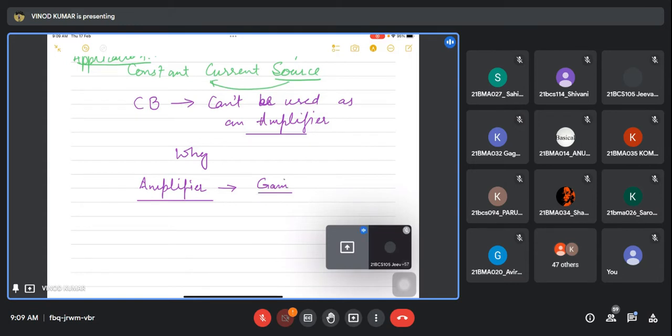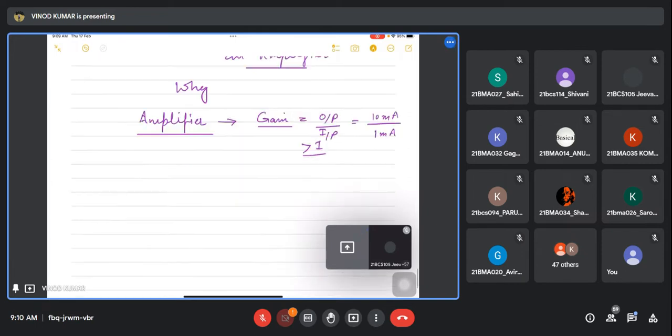Output must be, if input is 1 milliampere, output should be 10 milliampere. So gain must be greater than 1 actually. If it is less than 1, it cannot be used as amplifier, because whatever my signal is, you are not enhancing it.